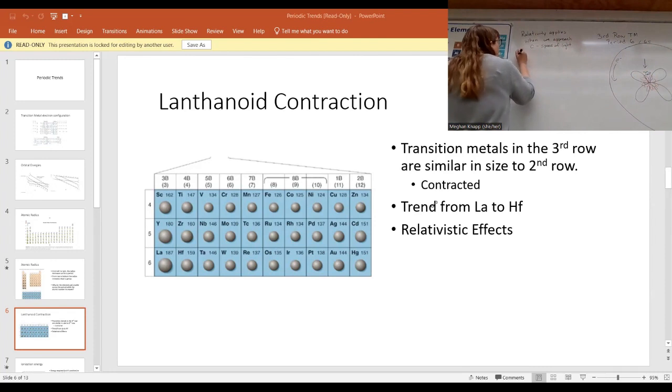Okay, so larger s orbitals cause the electron to move faster to what we call relativistic speeds, near the speed of light.